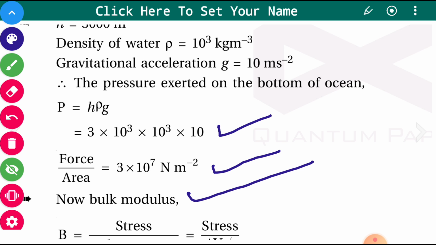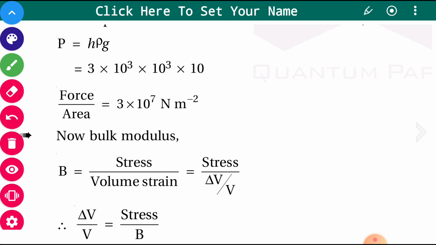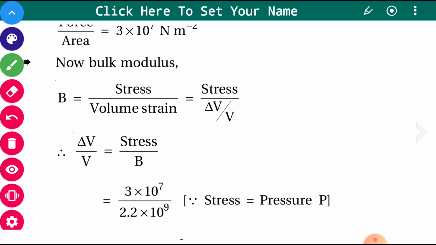Now bulk modulus is nothing but stress upon volume strain, that is stress upon delta V upon V. Bulk modulus is known to us. We can find delta V upon V by making it the subject of the formula.